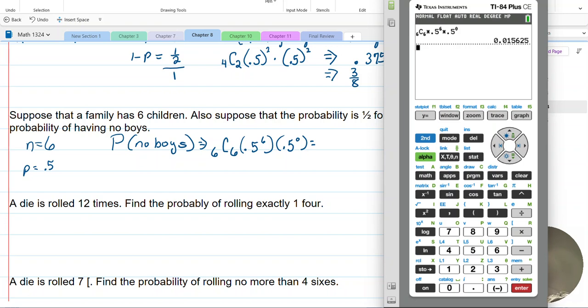And we have this number here. So we want the fraction. So we're going to do math, 1 is frac, enter, enter.